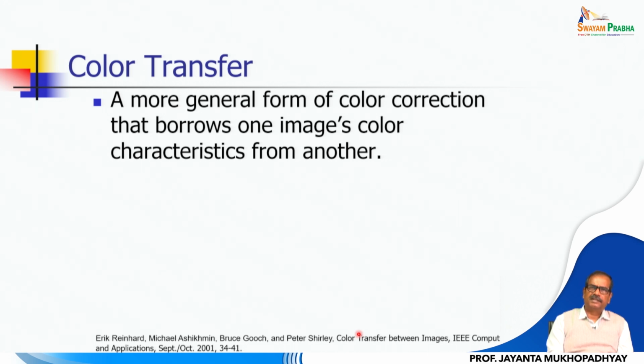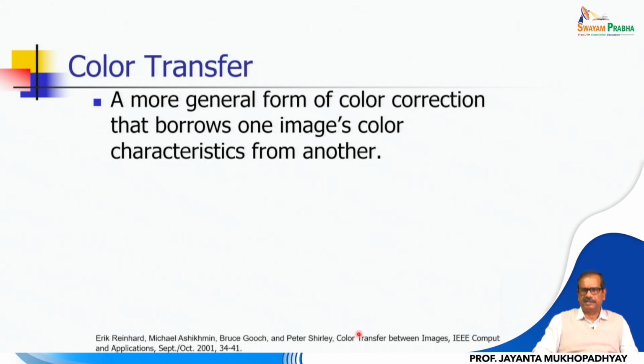Let us consider another case of color processing. Now, this is a bit more general than the color corrections we discussed. In color corrections, we considered a target light source and the original light source, and we want to transfer the color as if those colors were produced by the target light source, the target illumination. But in color transfer, we give you example images instead of a target light source.